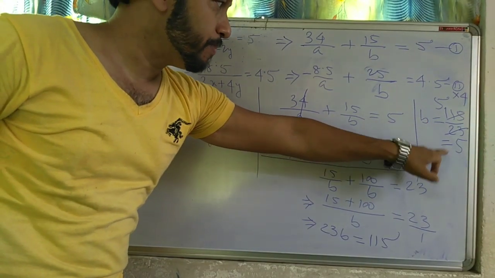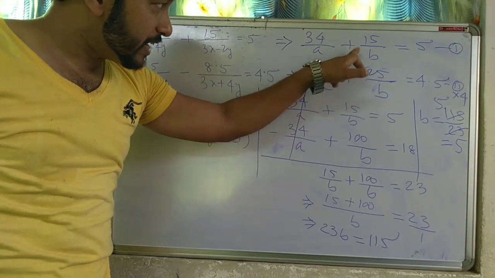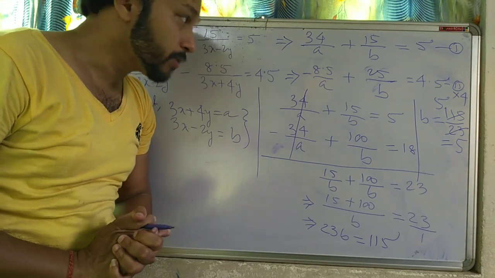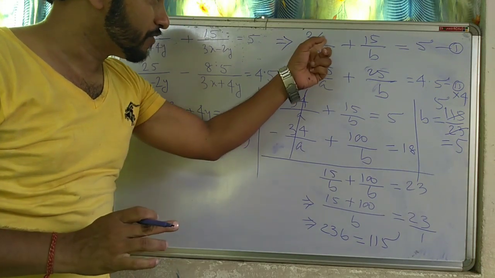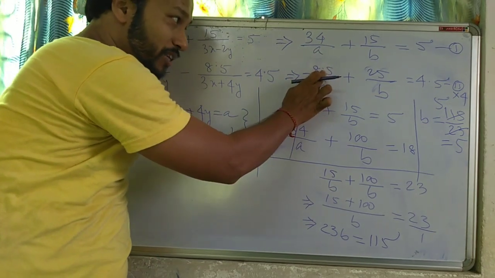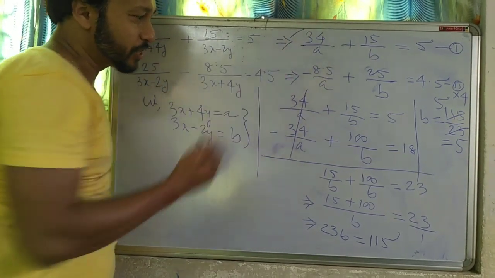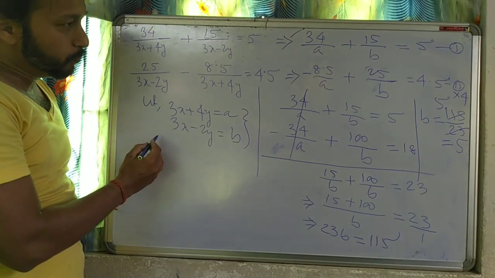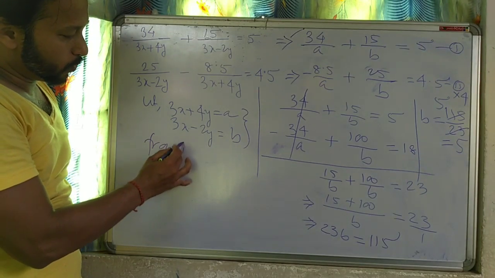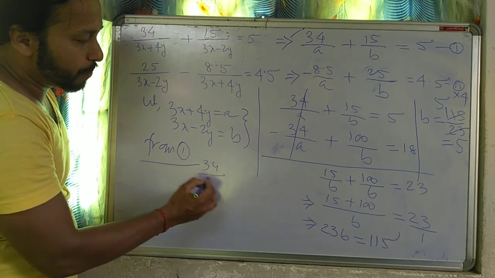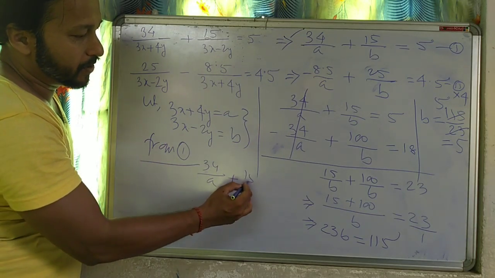Now the value of b we will put in any of these equations, whichever you find easier. Obviously we'll go with the first equation, because here decimal is also there, minus is there. Why go with this? We'll take the first equation. From 1, 34 by a plus 15 by b.